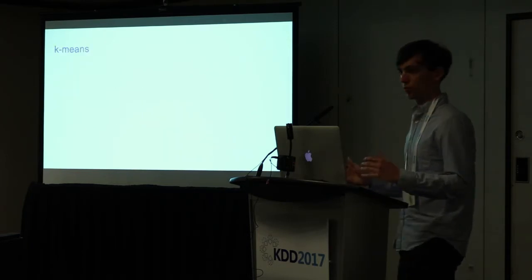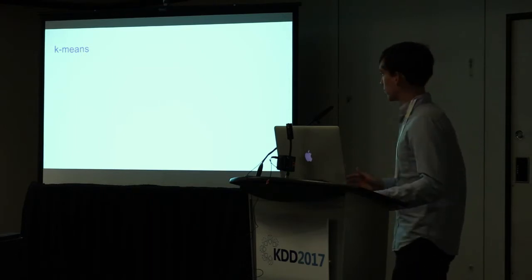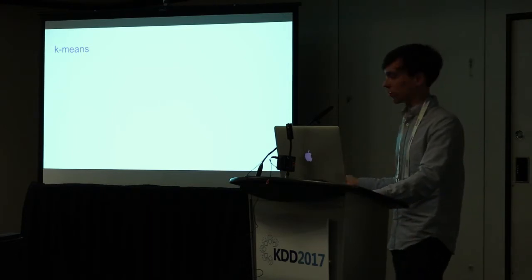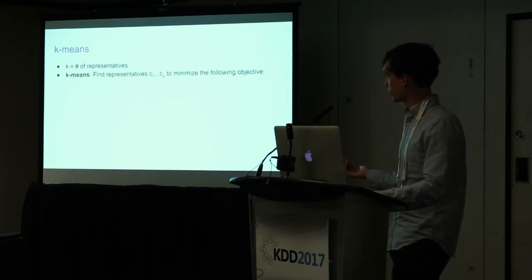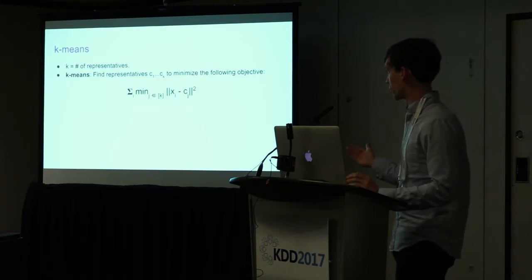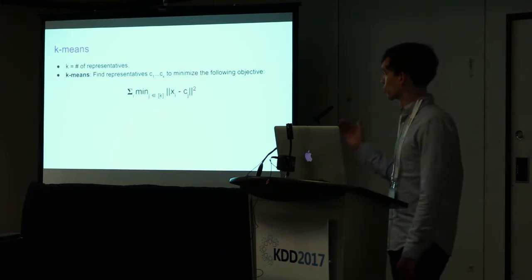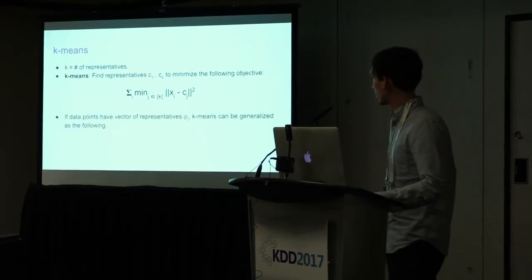Now our issue is, how do we learn this extra parameter u? We used a variant of kMeans. In kMeans, k is the number of representatives, and it learns k representatives to minimize the following objective function: the squared distance of each point to its closest representative.